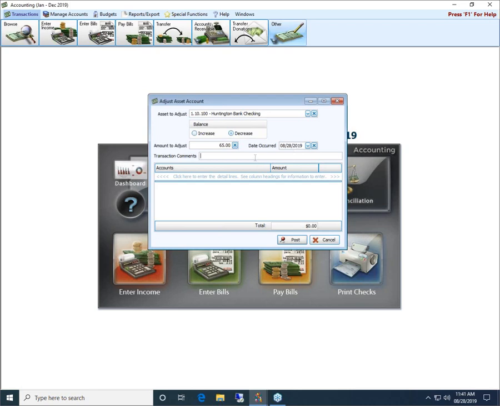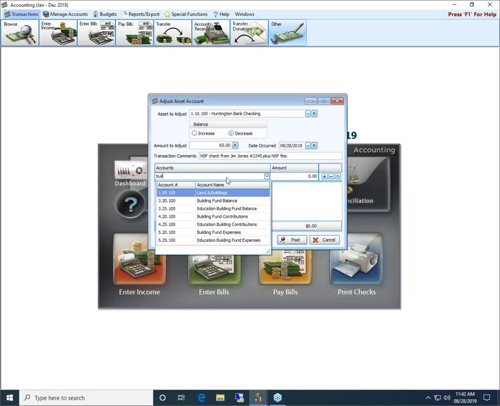And then I would put in here, NSF check from Jim Jones, check number 2345 plus NSF fee, say.